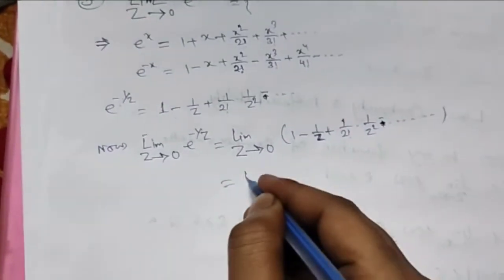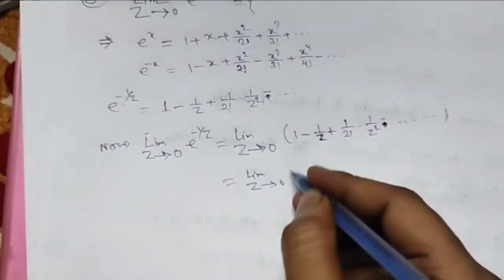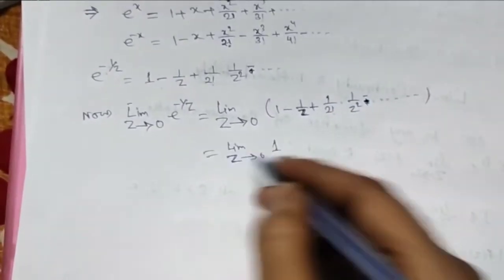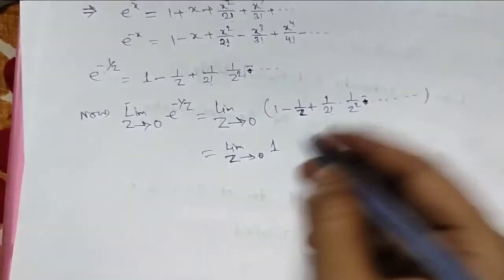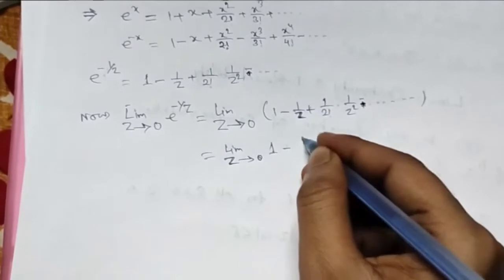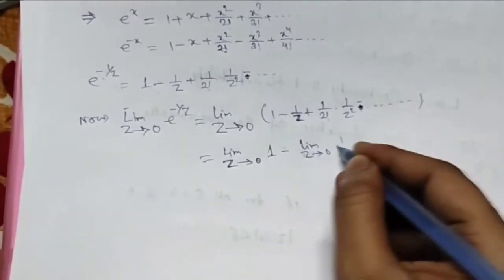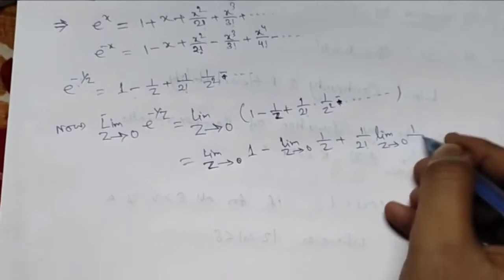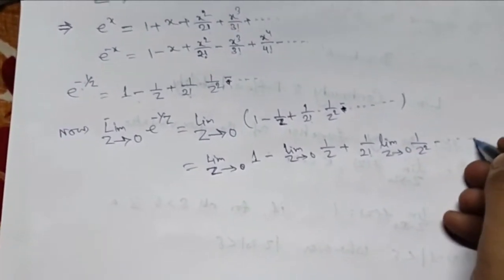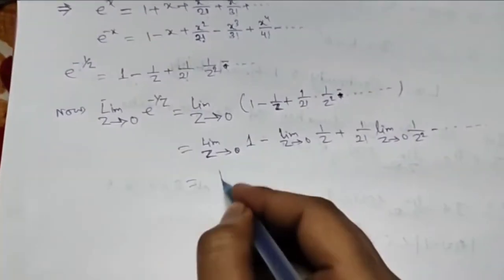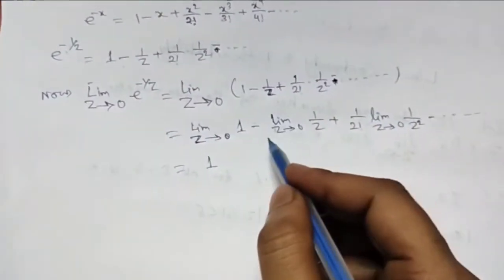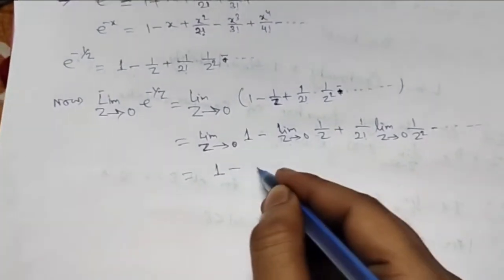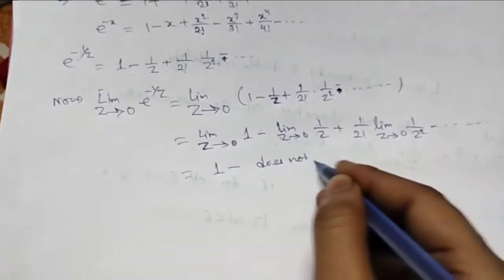Now limit z tends to 0, here 1, we can easily separate the limit. So it is limit z tends to 0 of 1 minus limit z tends to 0 of 1 by z plus 1 by 2 factorial limit z tends to 0 of 1 by z square, and so on. Now this value will be 1, this is a constant, and here z tends to 0 and the function is 1 by z, so 1 by 0 is undefined, so this does not exist.